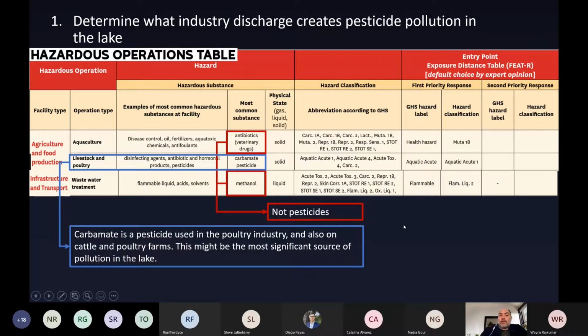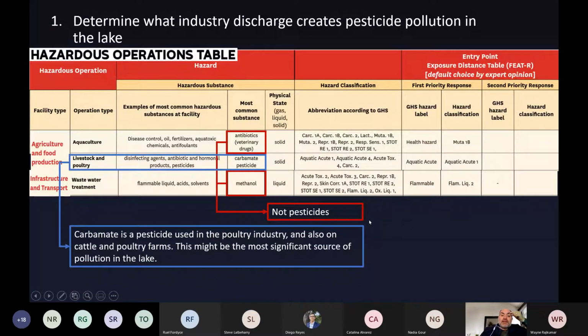Then I know from the table that the pesticide is used in a solid way. And then I have a declaration of what kind of hazards this pesticide can pose to the lake.